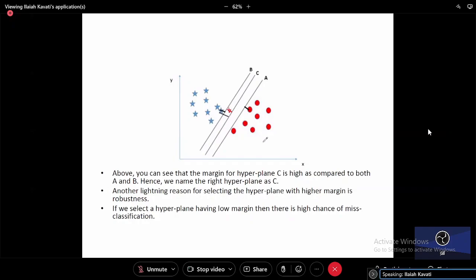But if we choose B as the hyperplane, this particular star will belong to what? The circle class, correct? Even though it is very close to the stars, it is misclassified as a circle. So that's why there should be a maximum margin between these two classes and the hyperplane.